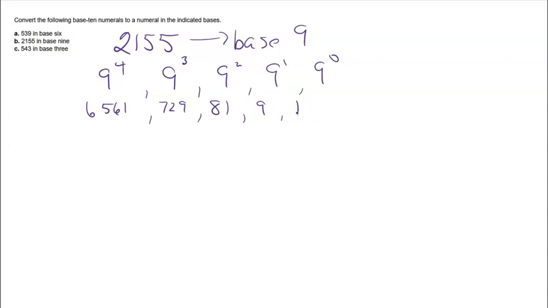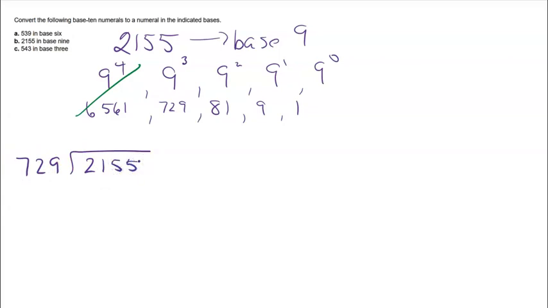Well, if you look at your list, I'm already too big. I'm not going to be using any 9 to the 4th, okay? But 9 to the 3rd, 729, is less than 2,155. So that's where I'm going to start my division. I'm going to divide 729 into 2,155.